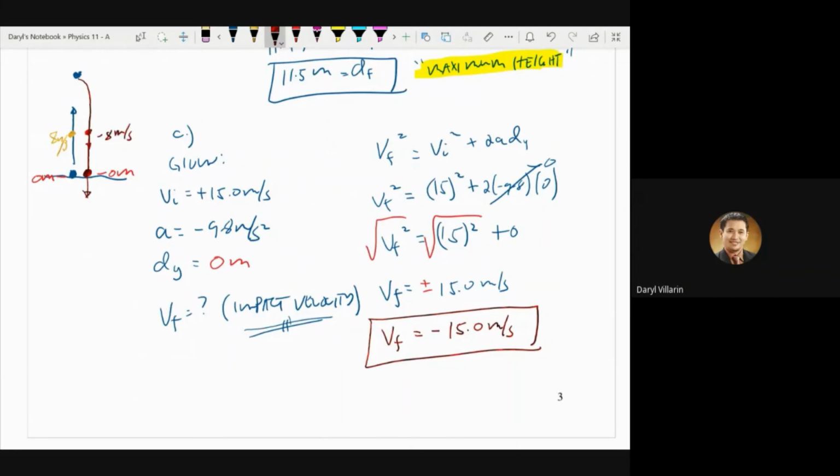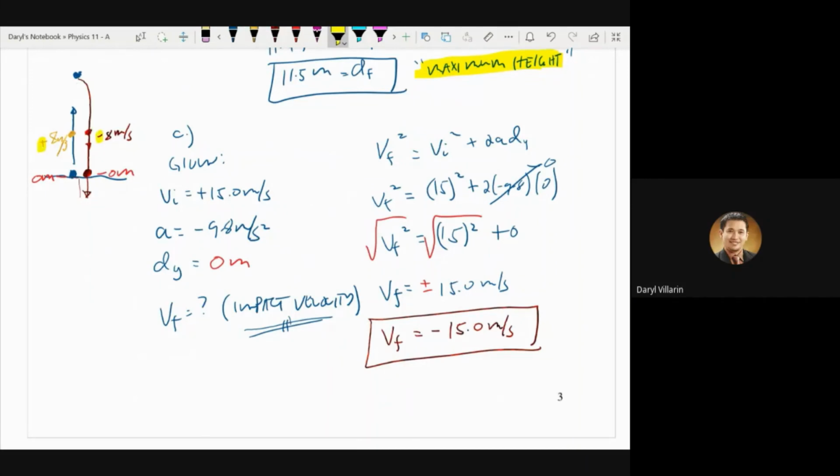So as you move up, it becomes lesser, but at the same position, as long as it goes back to the same position, that is a different case from having a cliff here where it continues to move down. But in this case, if it goes back to the same position, the magnitude of the velocity is the same. The only difference is the sign. One is positive, but one is negative.